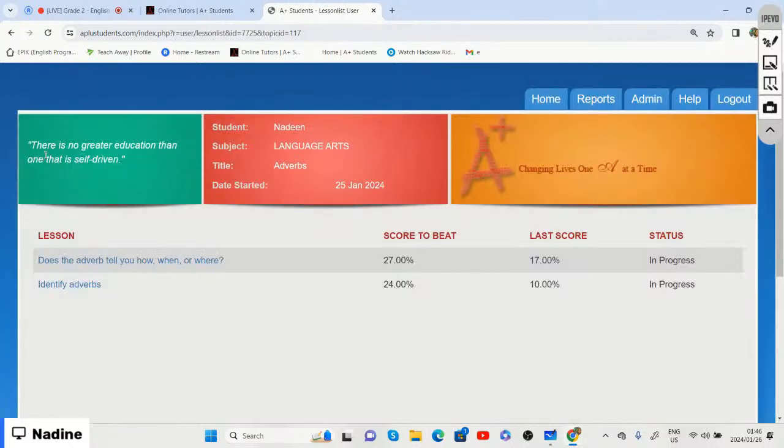All right, so that is an adverb, and we said adverbs tell you how, when, or where. They basically describe or modify the verb, right? Thank you very much, grade twos, for joining our class on adverbs.